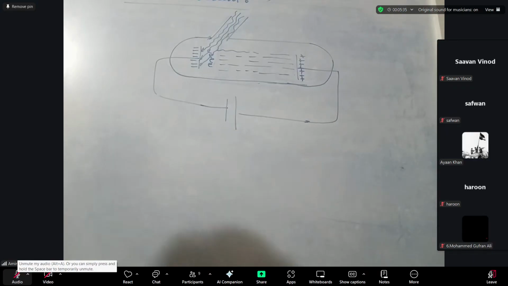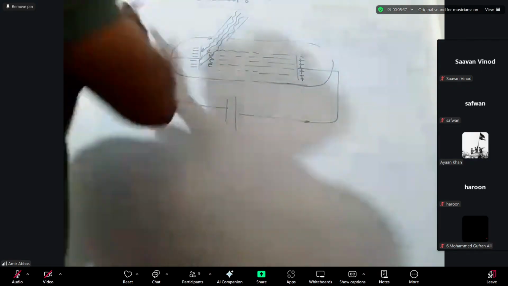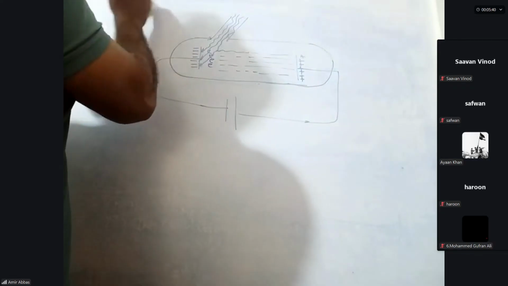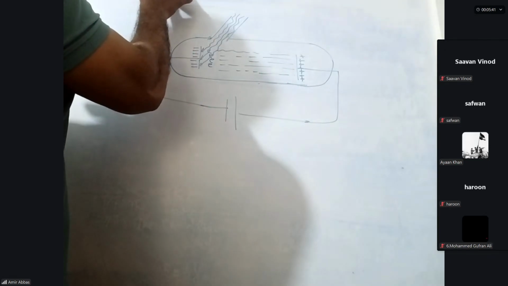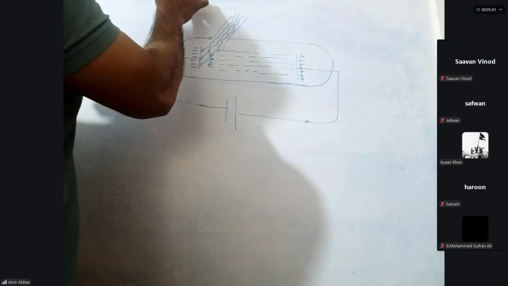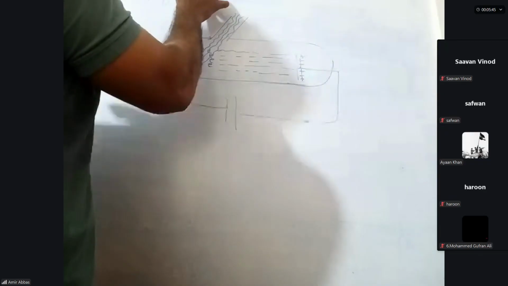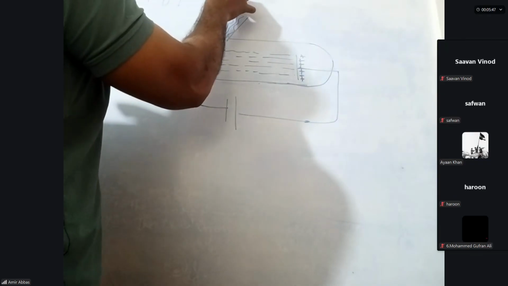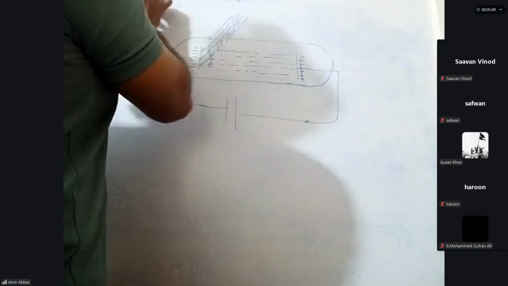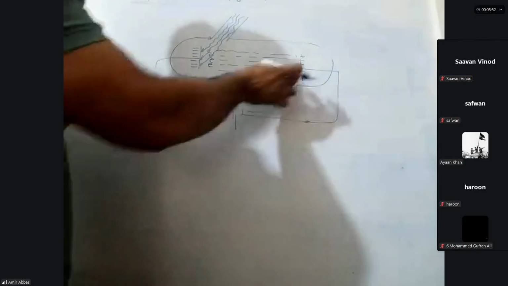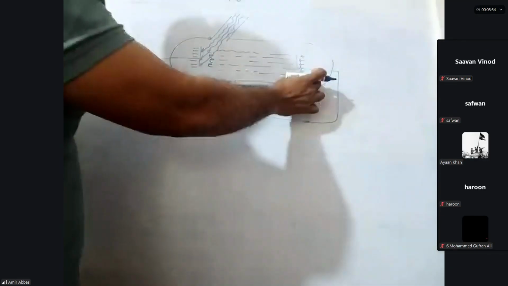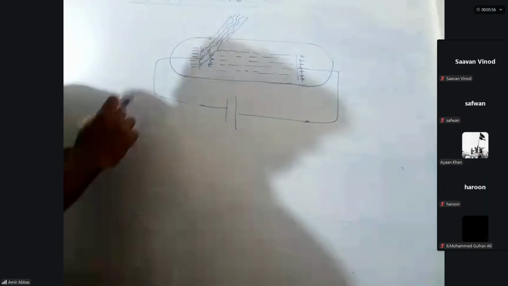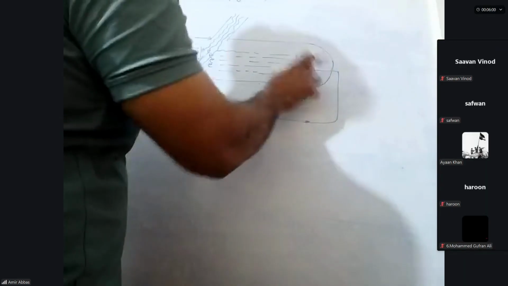Okay, now stopping potential. If we decrease the potential of anode, then what will happen?